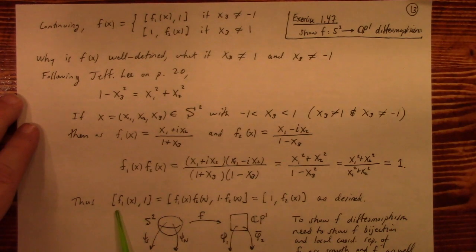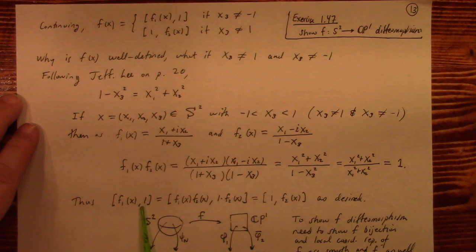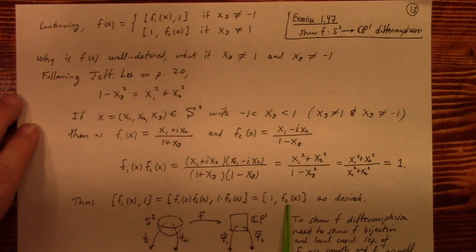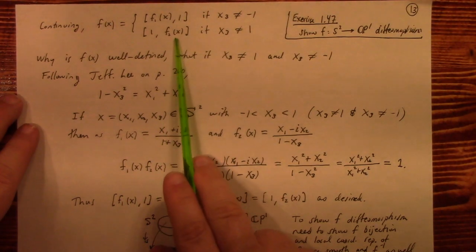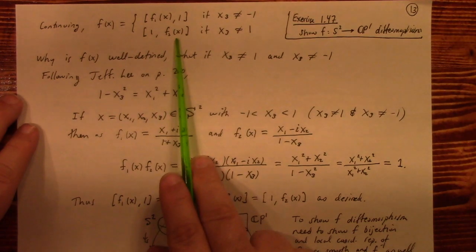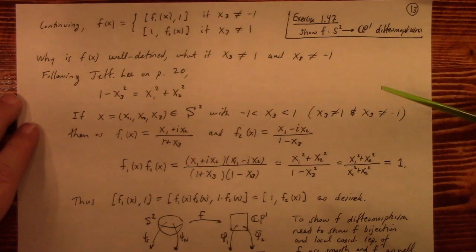That means the line in CP1 represented by f1 of x is the same as the line represented by (1, f2 of x), because the product of f1 and f2 is 1. So this formula, despite its appearance of not being well defined, actually is well defined, and as such is a function.